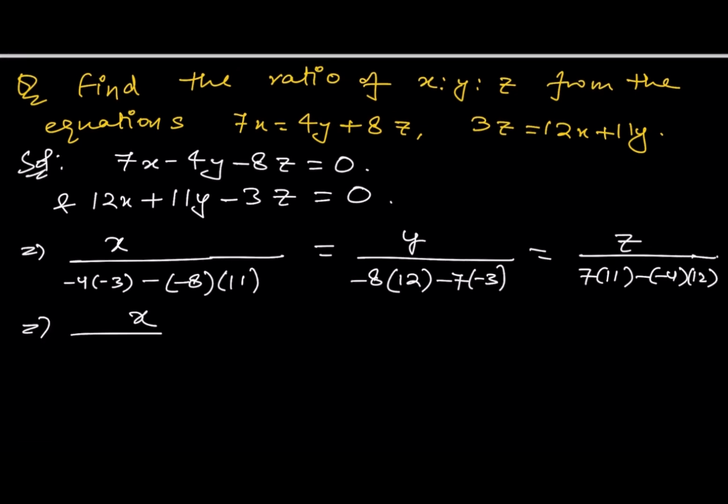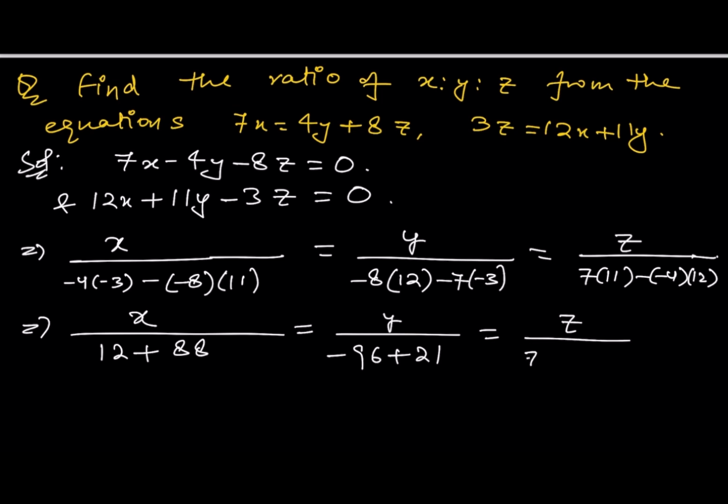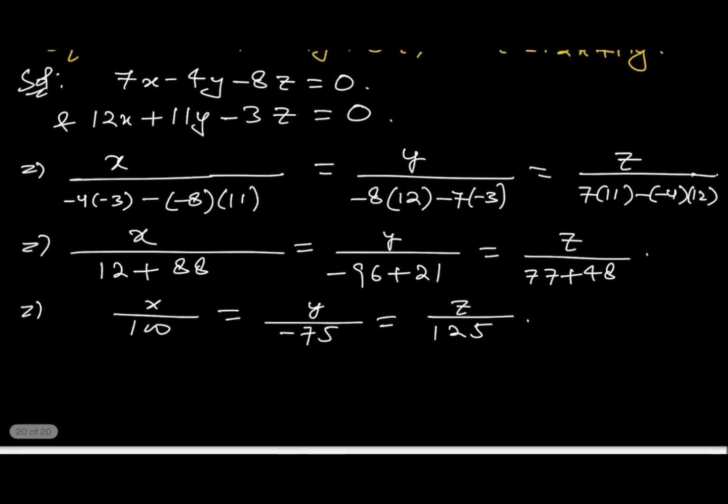So this is x upon plus 12 plus 88 is equal to y upon minus 96 plus 21 is equal to z upon 77 plus 48, right? So this will be x upon 100 is equal to y upon minus 75 is equal to z upon 125, right?